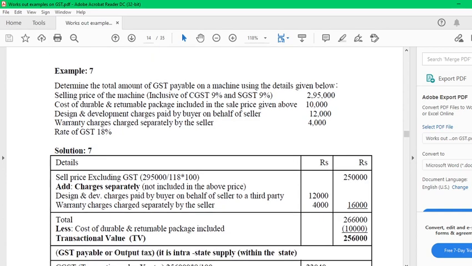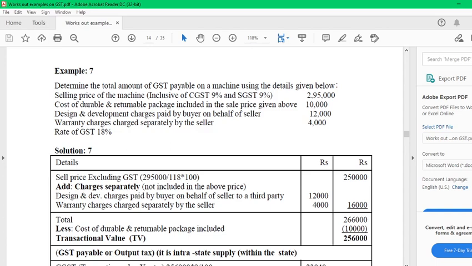It comes to 2,50,000. Then charges separately, not including the above. However, cost of durable and returnable package is included in the selling price. Once again, no need to add. It is already included. Therefore, only design and development charges 12,000 rupees, warranty charges 4,000 extra warranty.